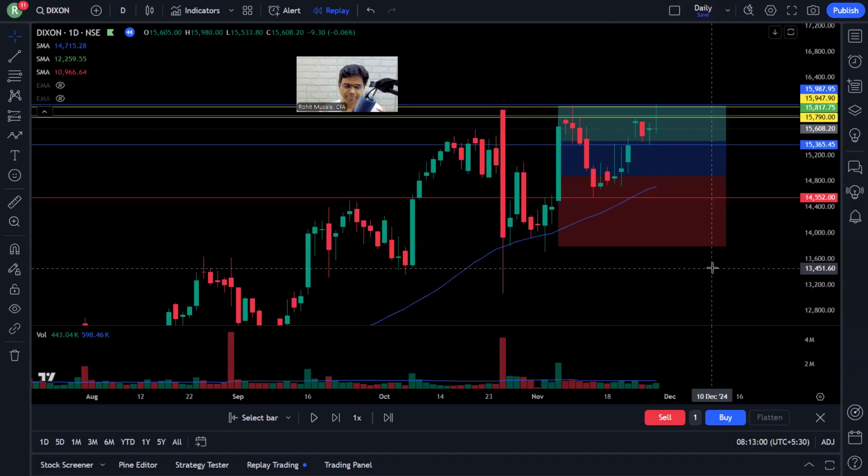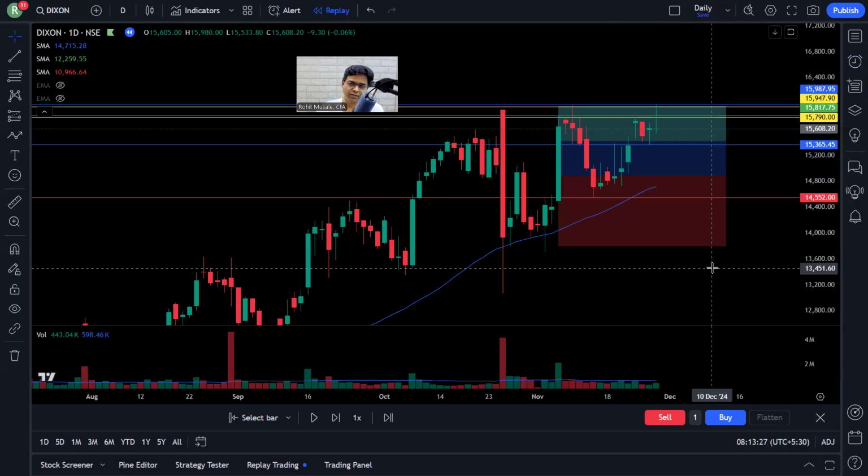Now, there are two ways to manage or control risk. One is you reduce your position size. Second is you move your stop loss. So in this case, I selected the second method of moving the stop loss rather than selling my shares.